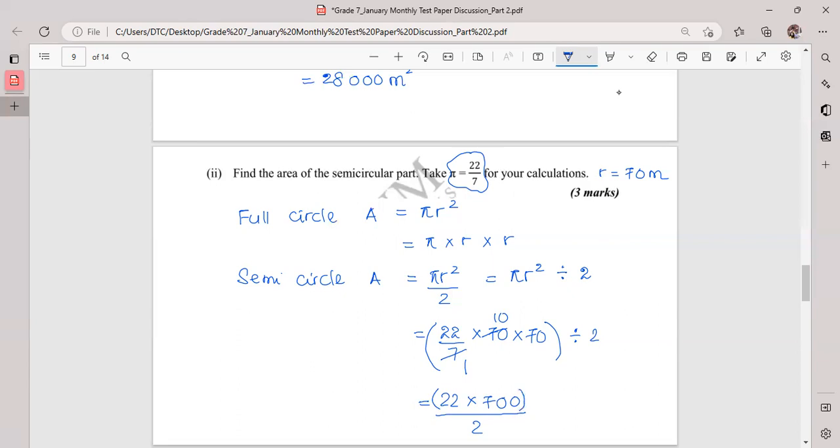Now see what happened. 2 times 1 and 2 times 11. Then 11 you multiply by 700. It gives me 7,700 meters squared. Right? 7,700 meters square will be the answer. Right?